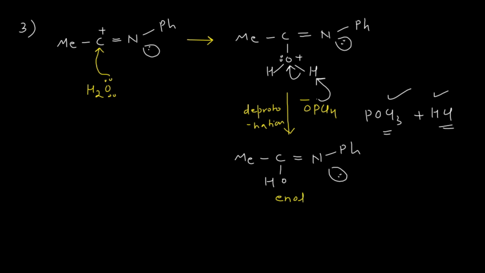So this enol form will readily tautomerize into the keto form, and we have methods to separate the keto and enol forms and also to drive the reaction towards the keto form. Don't worry about that. In the mechanism you should know only that it can readily tautomerize. So when it is tautomerizing, I am writing it in that manner: tautomerization.